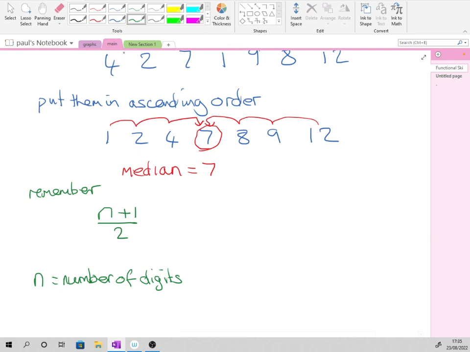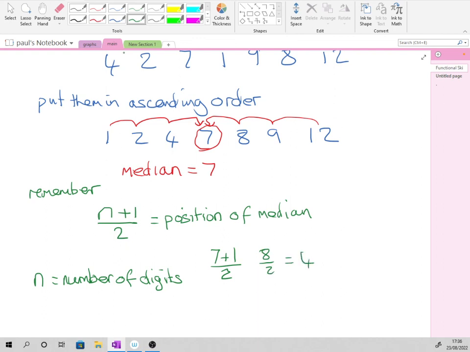So what this does, this finds the position of the median. So let's have a go at that. So n, 1, 2, 3, 4, 5, 6, 7. So 7 plus 1 divided by 2, which is 8 divided by 2, which equals 4.